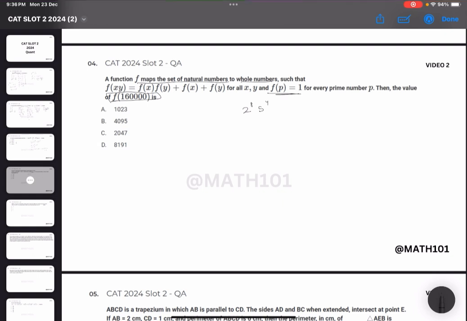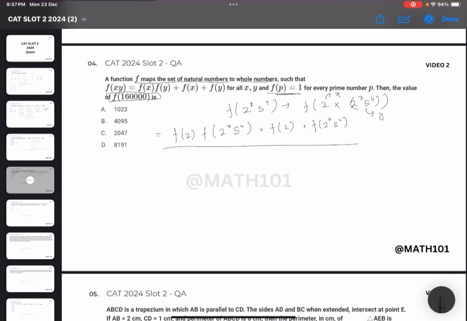So f of this would be f of 2 multiplied by f of 2 to the power of 7, 5 to the power of 4, plus f of 2 plus f of 2 to the power of 7 into 5 to the power of 4. Why? So we wrote this as f(2) into 2 to the power of 7, 5 to the power of 4. Take this as our x and this as y. We get this.